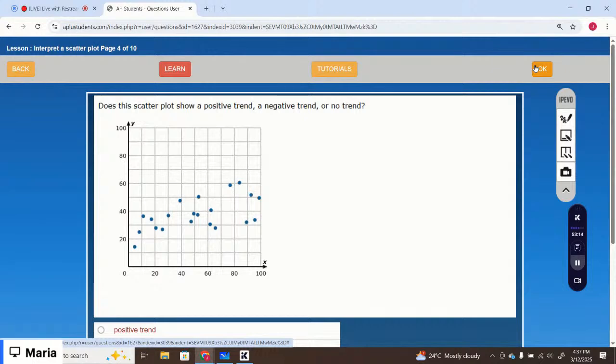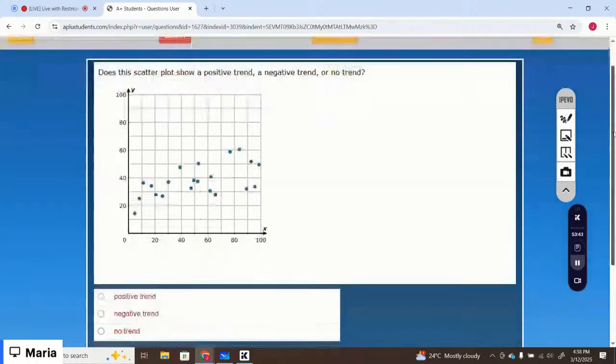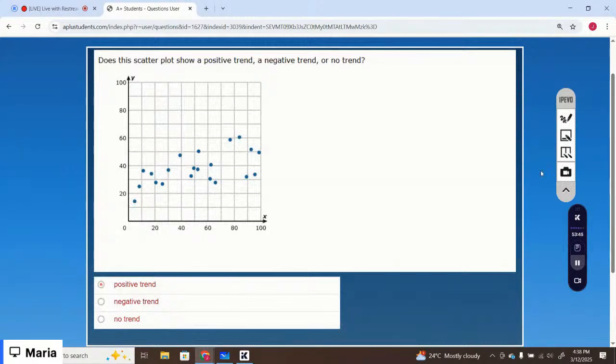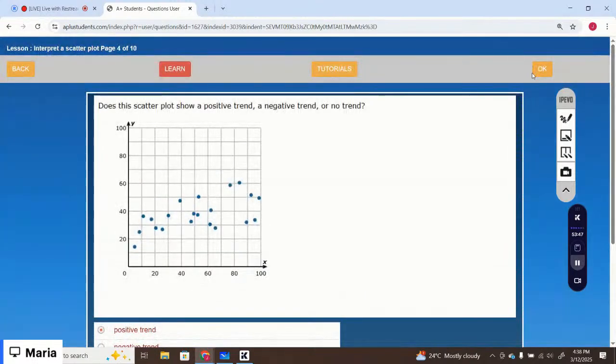Does the scatter plot show a positive trend, a negative trend, or no trend? Positive trend, option number one is the correct option.